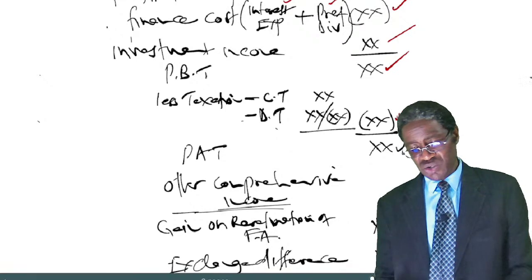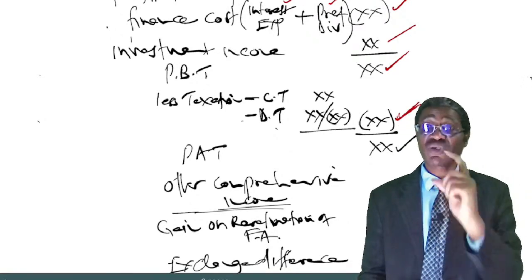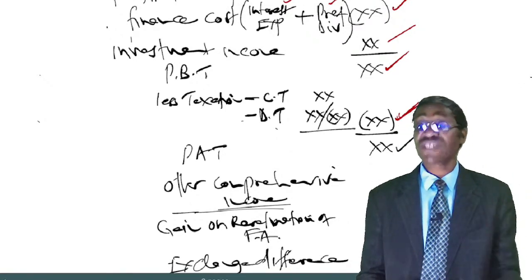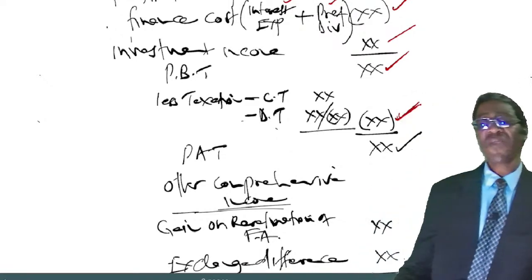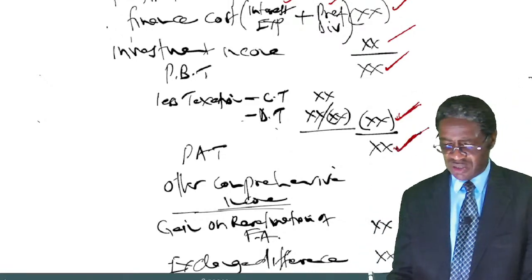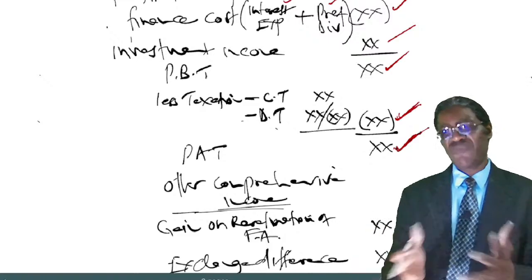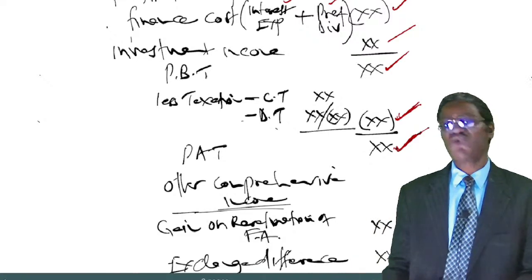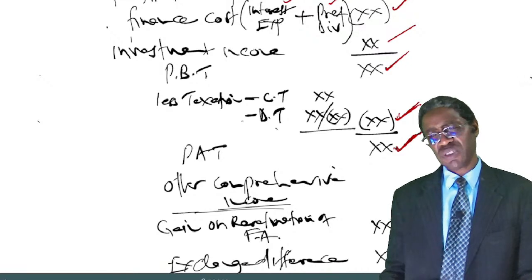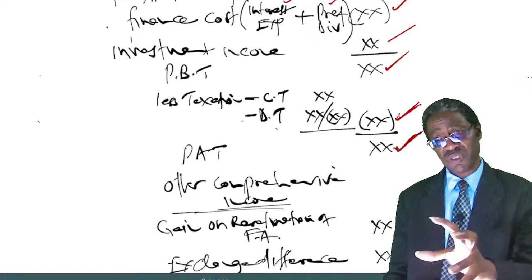Whatever you get is the charge for the year for taxation, or the tax expense. Then you get the profit after tax. If the question says prepare an income statement, you stop at that point.